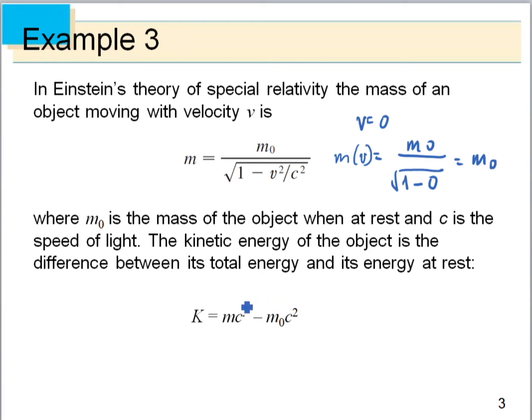So, in relativity, the kinetic energy of the object is in fact the difference between its total energy given by mc² minus its energy at rest. Now remember this m0 is the mass of the object at rest. So when we take away the energy at rest, what we have left, we call that k. This is the kinetic energy of the object.